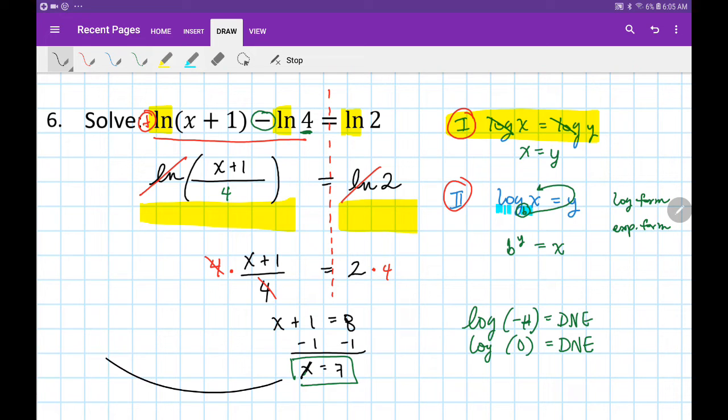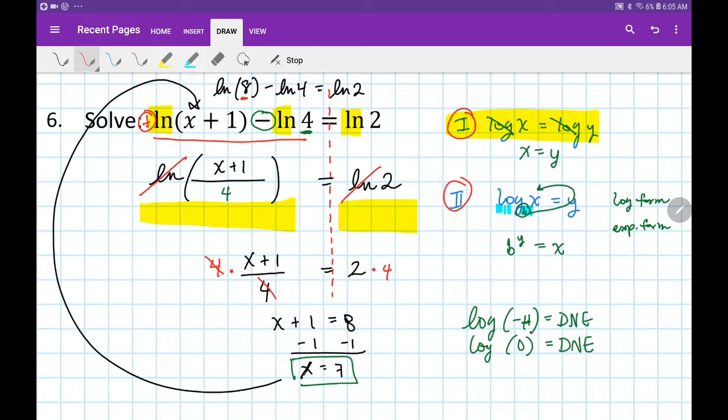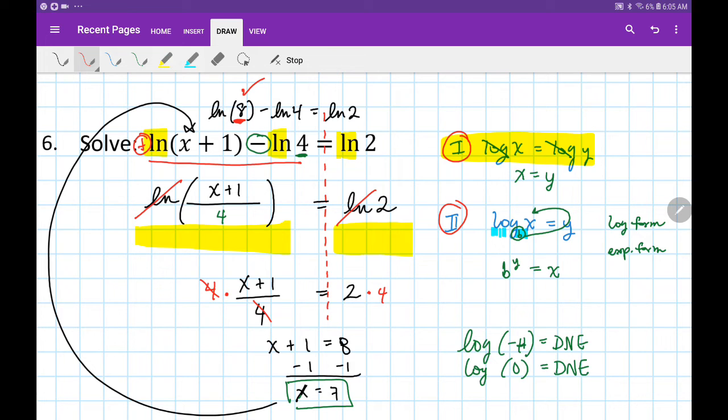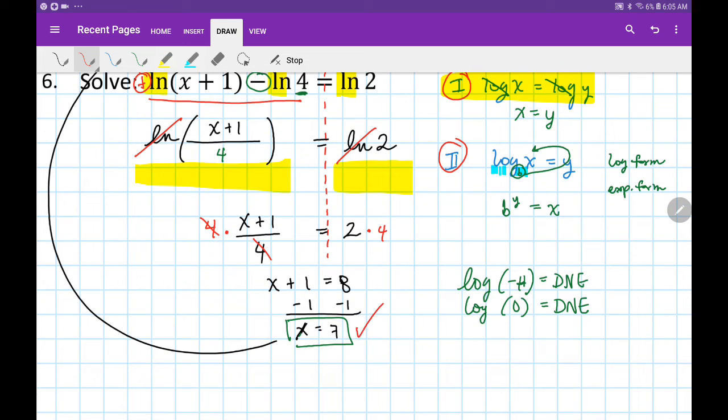So mentally, I'm going to plug it in right here, and it gives me natural log of 7 plus 1 is 8. Now, I don't actually have to solve this, but I'm just checking that when I plug in x, I don't end up taking log of a negative number. Since it's just natural log of 8, and 8 is positive, I can do that. It checks out. So this is my answer.